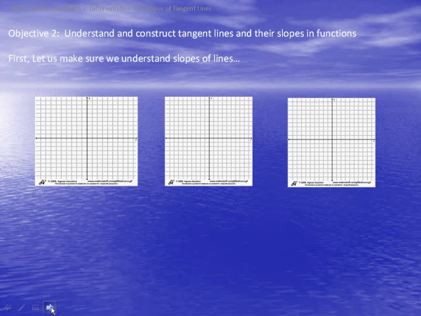Understand and construct tangent lines and their slopes and the functions. First, let us make sure that we understand slopes of lines. If a line from left to right heads downward like this, let's call this f of x, then this would be a negative slope.